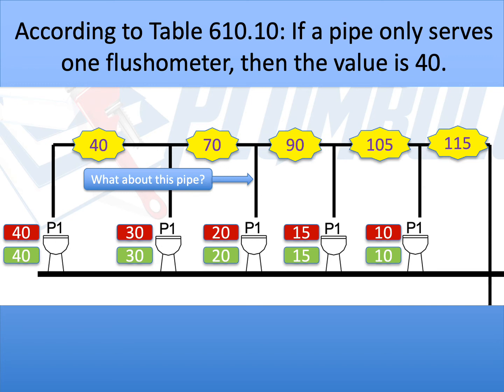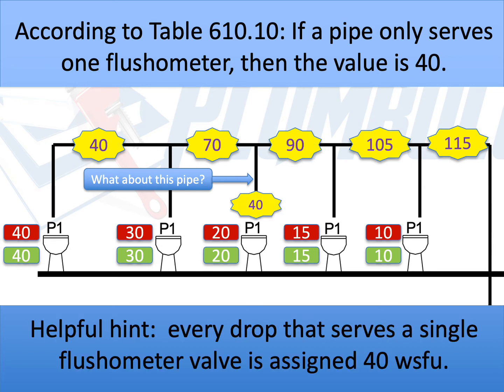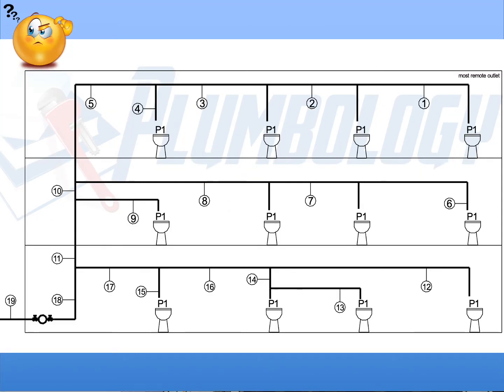So every single drop that serves a single water closet flush valve will always be assigned 40 water supply fixture units. So every one of those water pipes in the wall serving a single flush valve is always worth 40 fixture units.